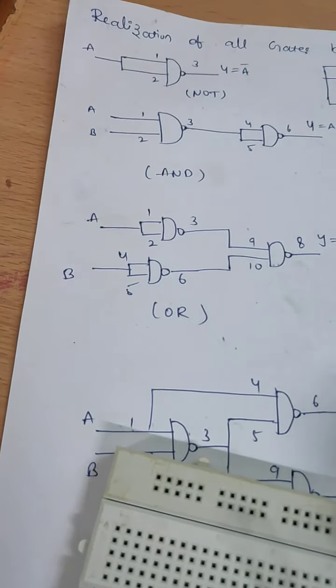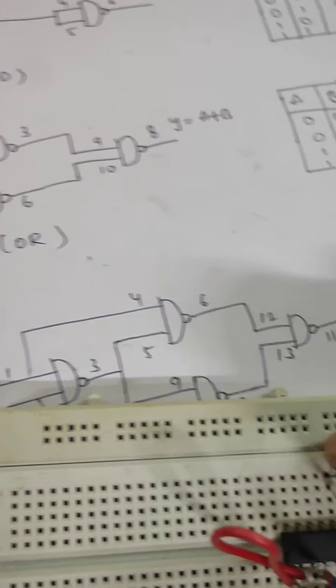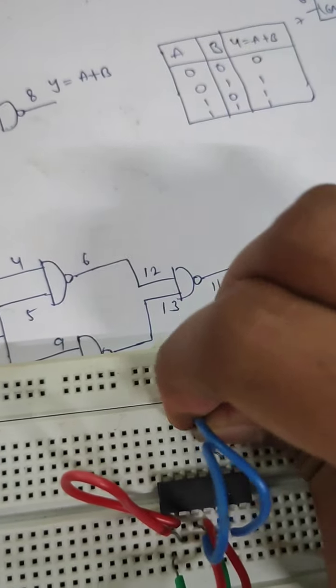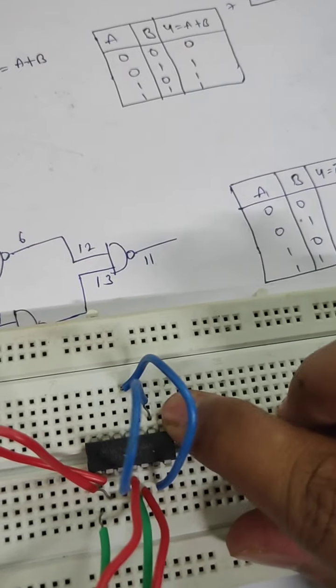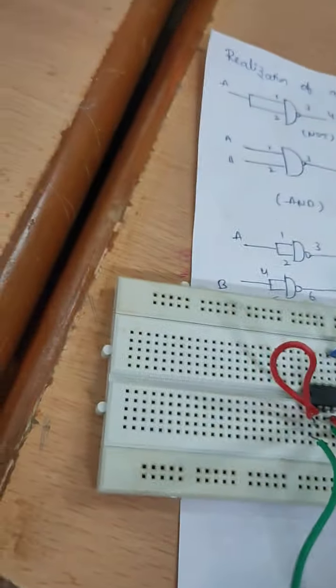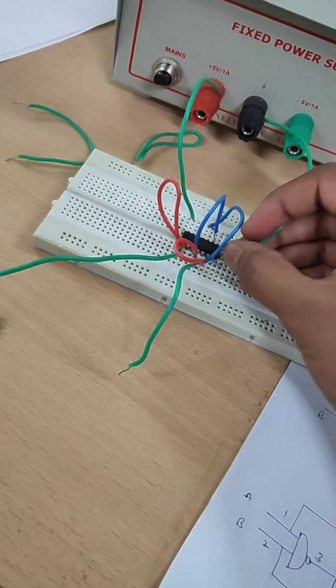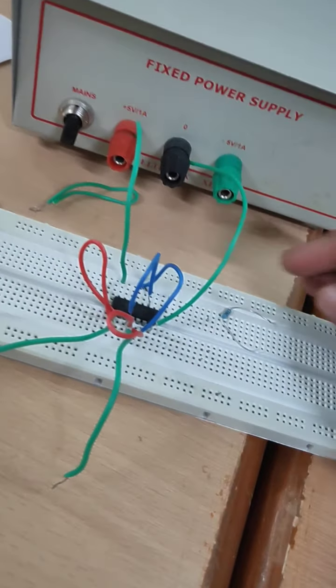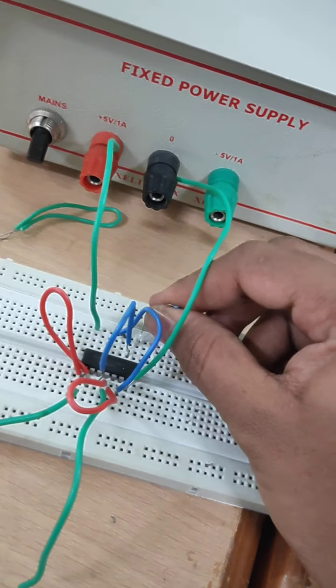So this is pin number 9 and pin number 10. Okay, and 8th is output. So we need to give power supply and ground, and take the output at 8th pin.